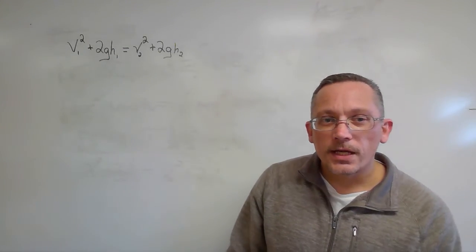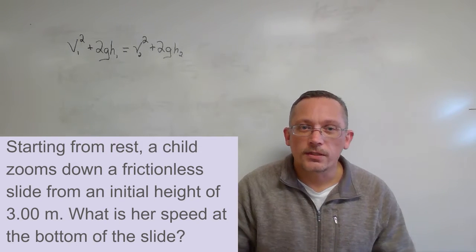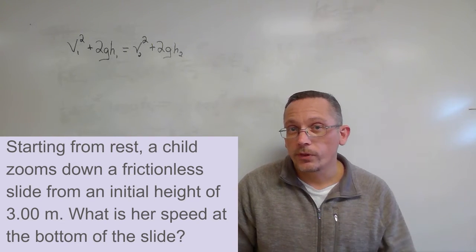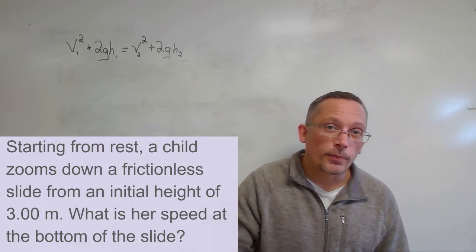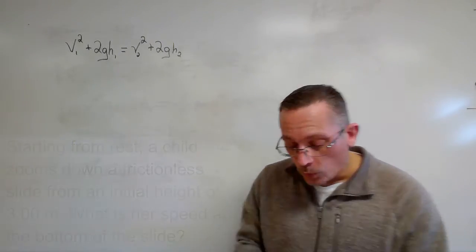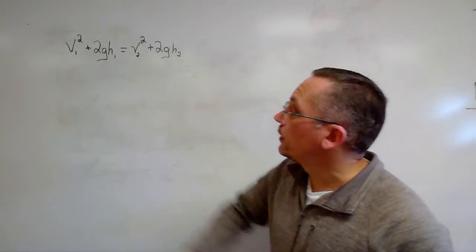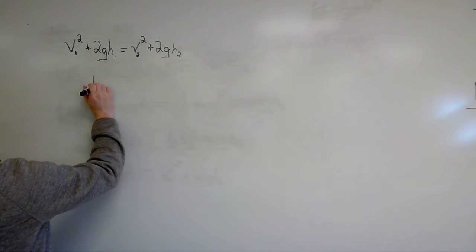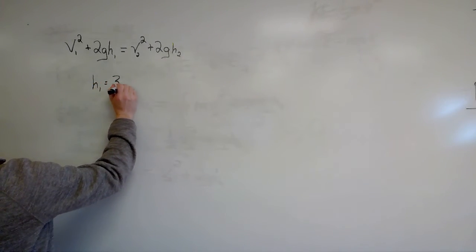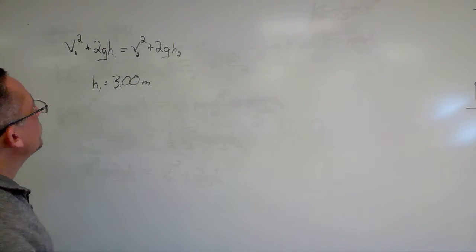Here's a problem. It says, starting from rest, a child zooms down a frictionless slide from an initial height of 3.00 meters. What is her speed at the bottom of the slide? Well, some things we know here. We know that her height at the beginning, h1, is 3.00 meters.